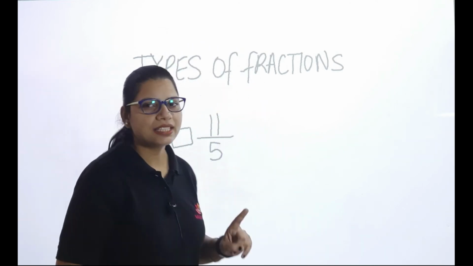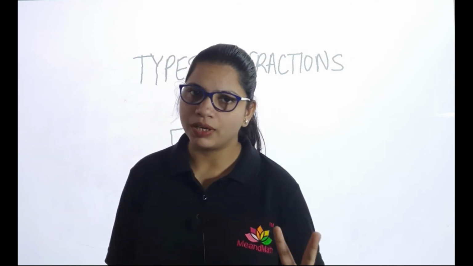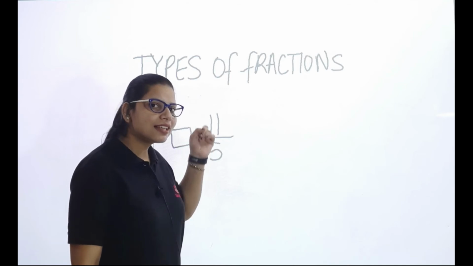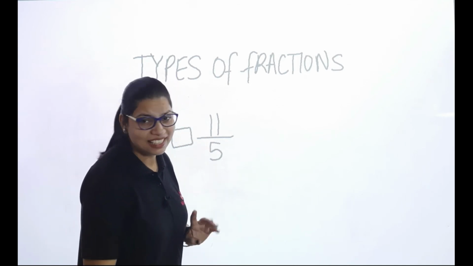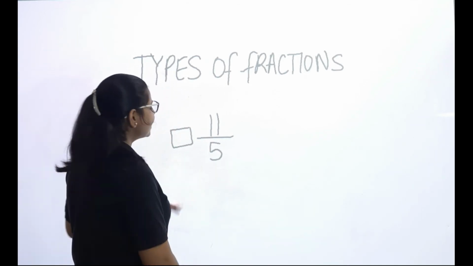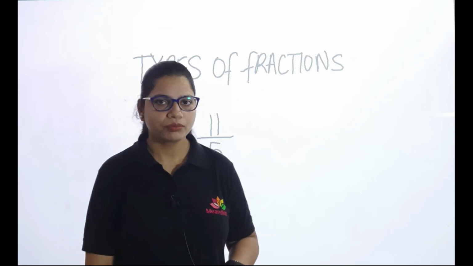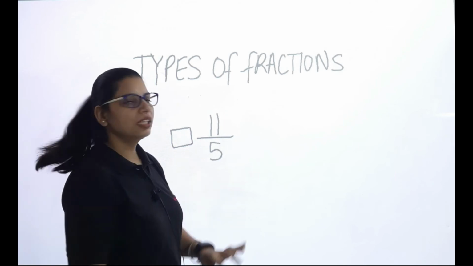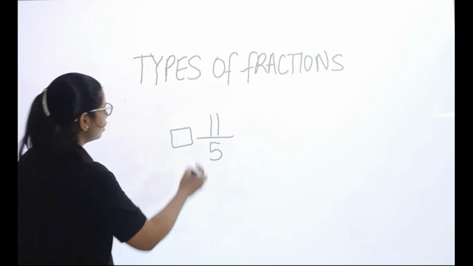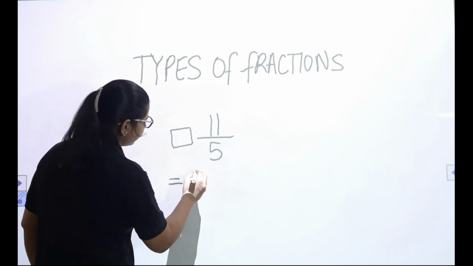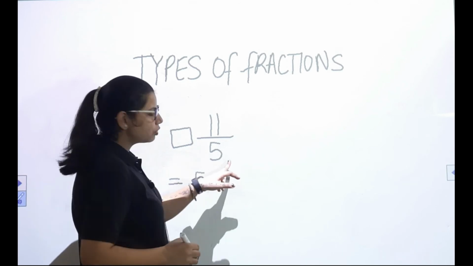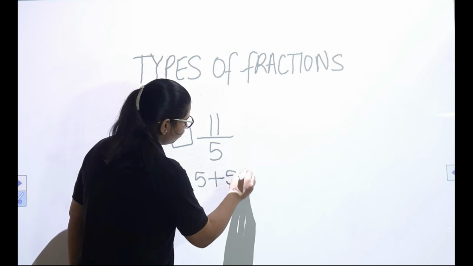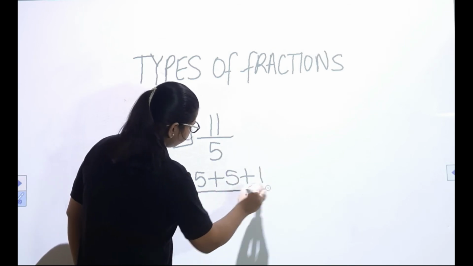Now that means it could be proper or improper. Now we have to check where the fat one is. The fat one is above. That means it is completely improper. Yes, it is an improper fraction. Now we'll check how much more is the fat one. If we just break 11 according to 5, it is 5 plus 5 plus 1 upon 5.